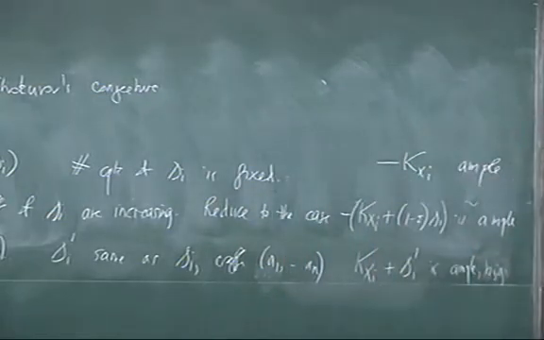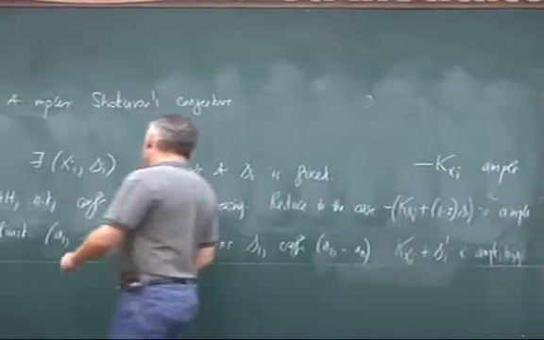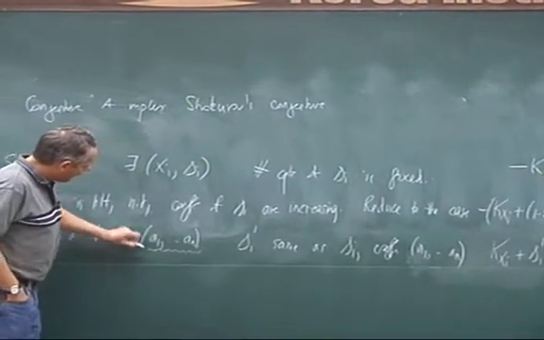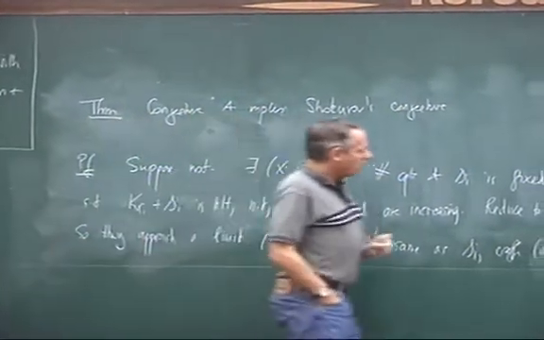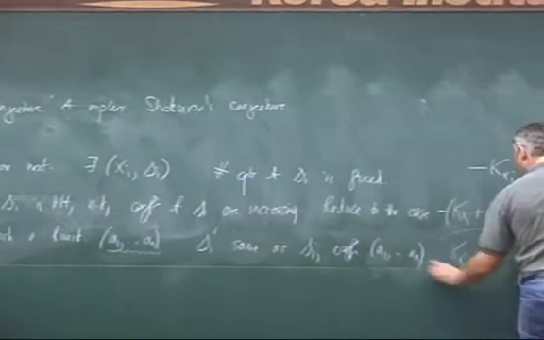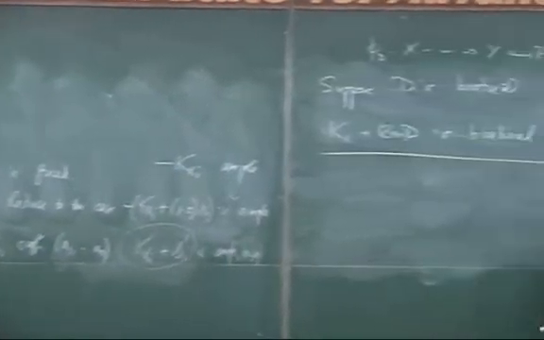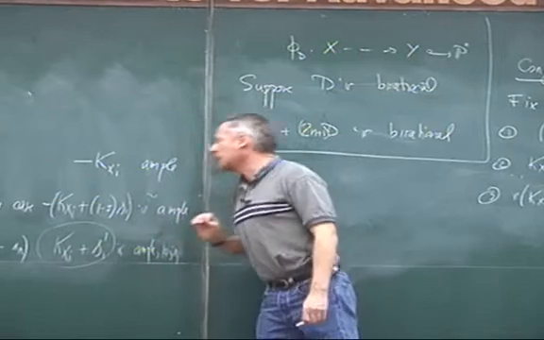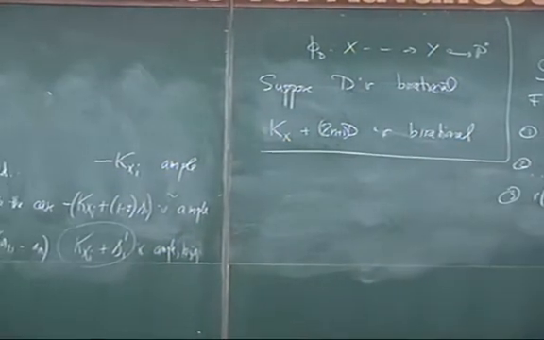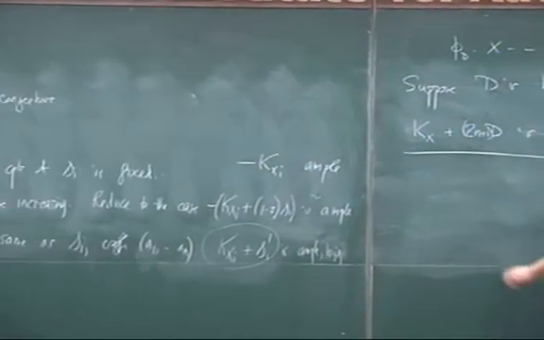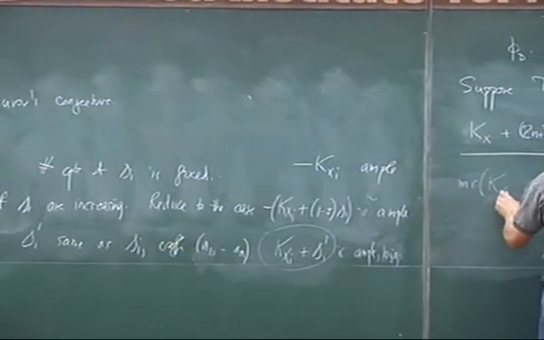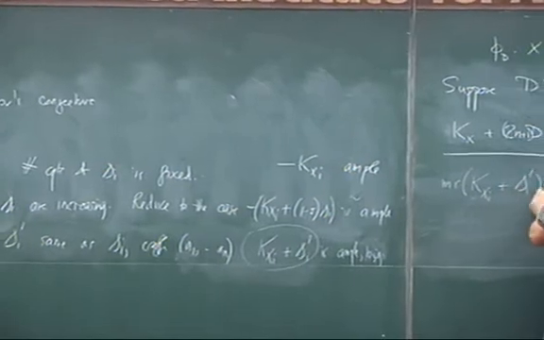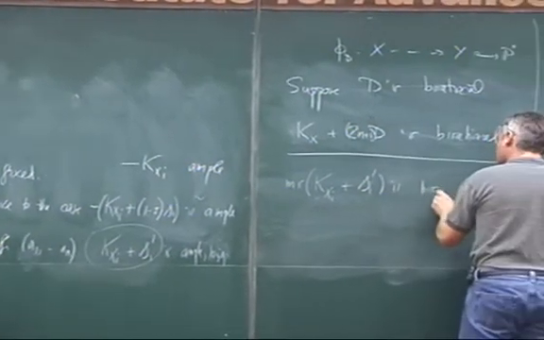Okay, in the interest of time, let me just cheat a little bit. Let's suppose that these limiting coefficients were rational. Then I'd know that some fixed multiple of this gives me a birational map. So I know that m times r times (K_{X_i} plus delta_i prime) is birational.